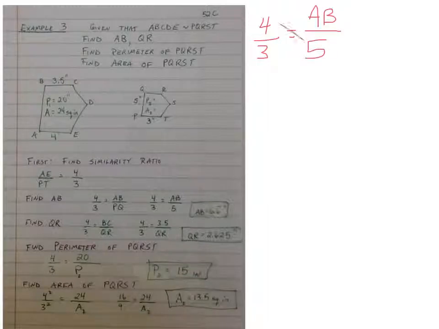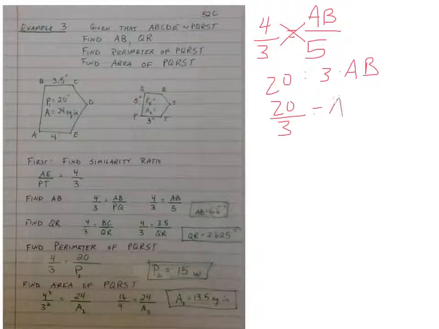And we cross multiply and get 20 is equal to 3 times AB, or 20/3 is equal to AB. So we now know the length of AB is 20/3, or as a decimal, 6.6 repeating. We can use the same method to find QR, and I'll leave that to you, but we find that QR has the length of 2.625.